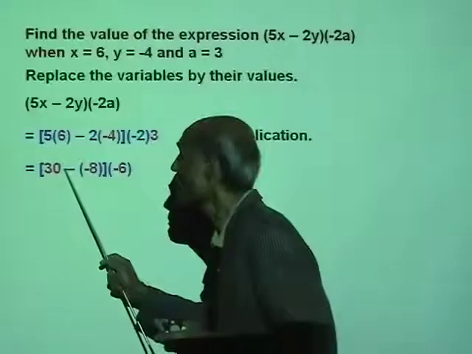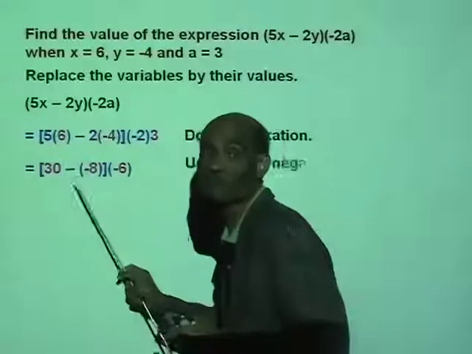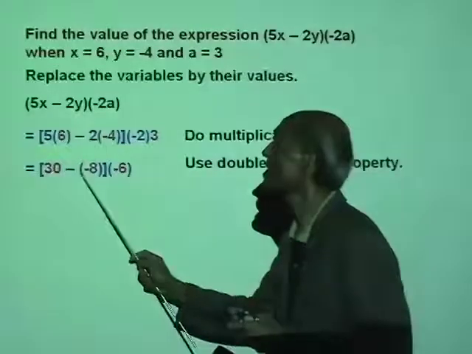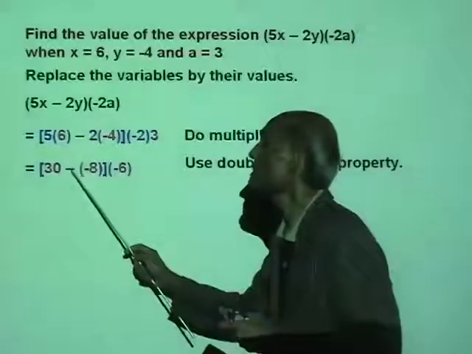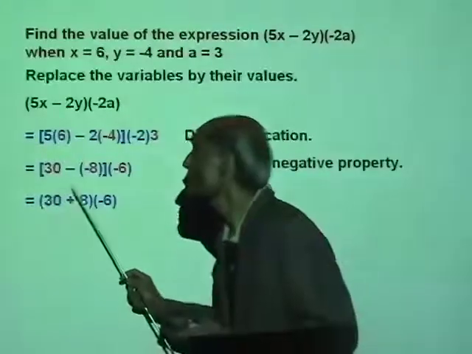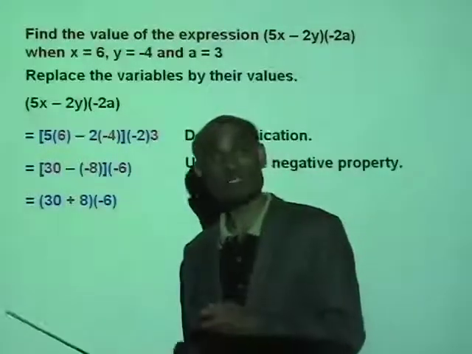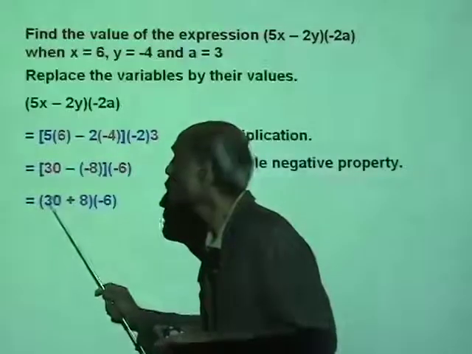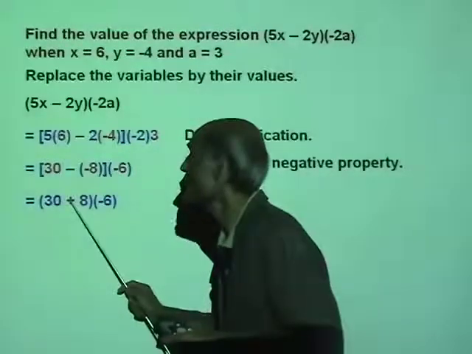Alright, now you have a double negative here. Use the double negative property inside there. 30 minus negative 8 becomes 30 plus 8. Isn't that simple? 30 minus negative 8 becomes 30 plus 8.